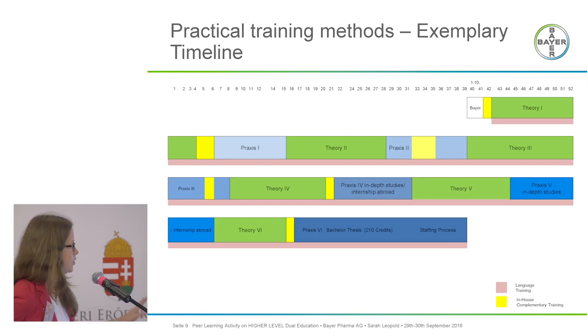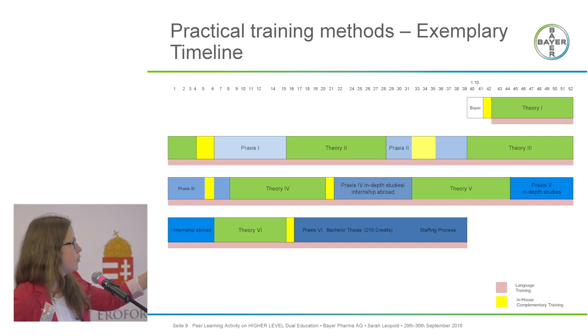And here I brought you a busy slide about the timeline of one of our students. Our studies start on the 1st of October, so they're starting next week. We first start with the first theory phase, then the first internship takes place, shown here as Praxis 1.